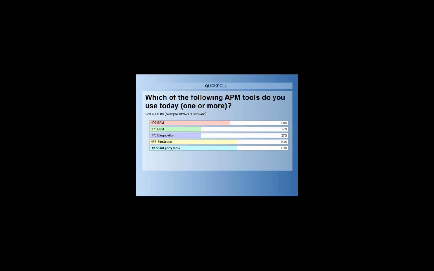And obviously the big winners are going to be SiteScope, which a lot of folks had from a monitoring perspective and leveraged that functionality. And another one is 63% are using third-party tools. Based on all the percentages, which exceed 100%, it looks like there's a combination of tools being used to monitor in our member environments.